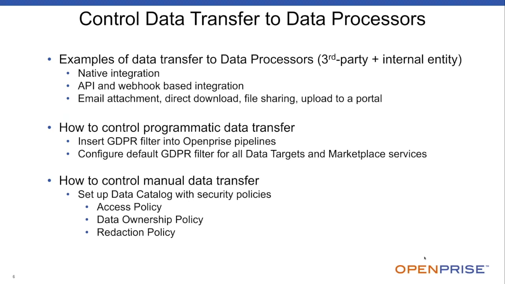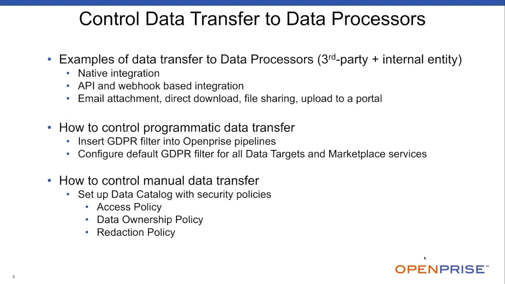So anything that's an API is a webhook. You have, for example, any kind of JavaScript running on your form that may be calling another third-party API to, for example, do form enrichment. All these are data transfers because data, again, is leaving your possession to a third party.